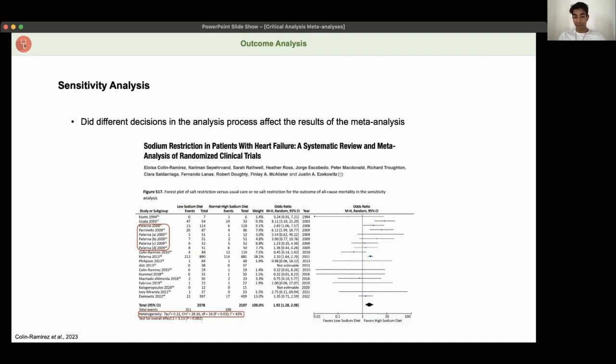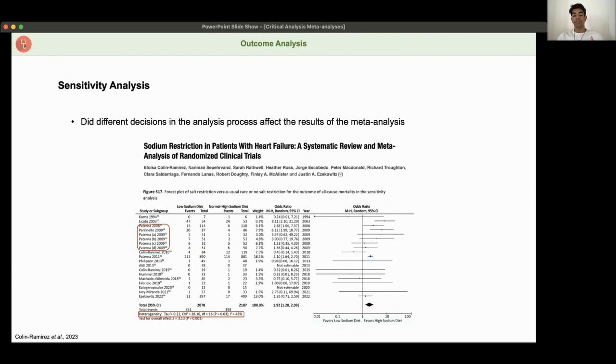And if you look down at the other thing I've highlighted here is the heterogeneity. I-square is 43%, and the p-value is less than 0.05, meaning it's significant. You can also see that the 6 studies that they've included all lie towards the favors high sodium diet side.